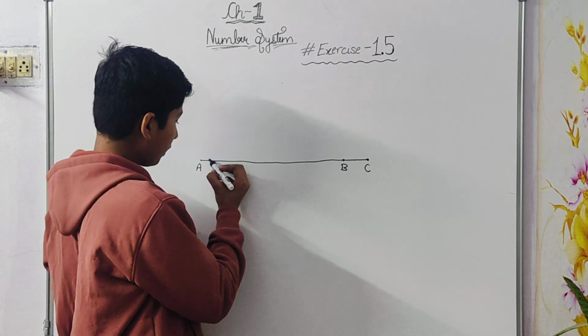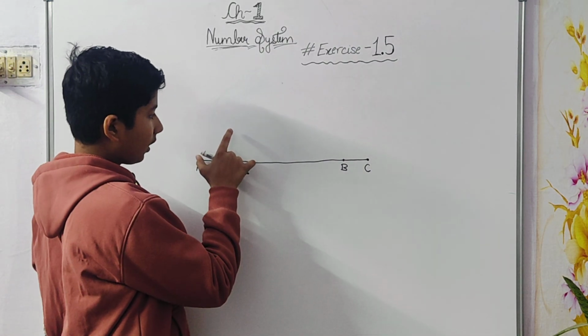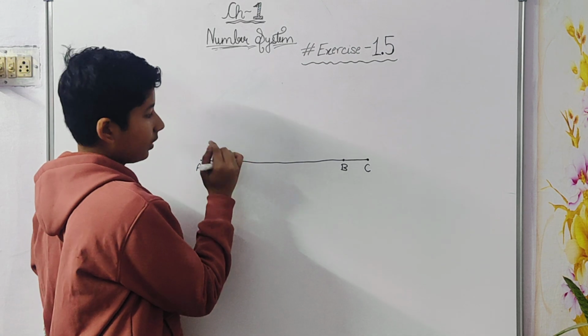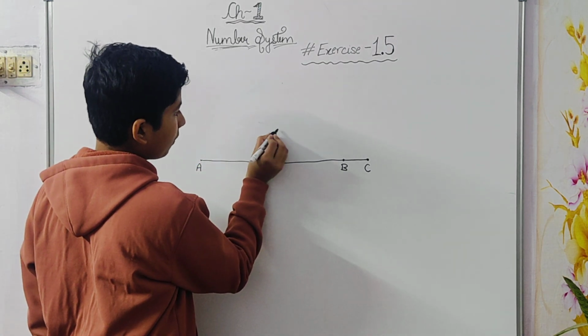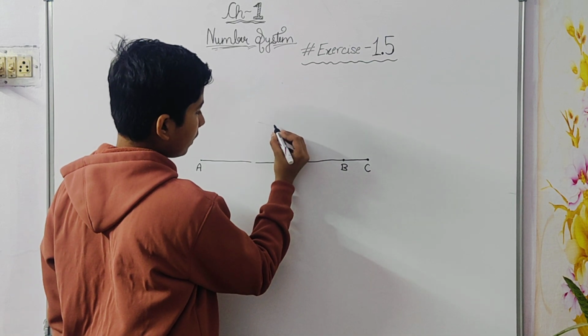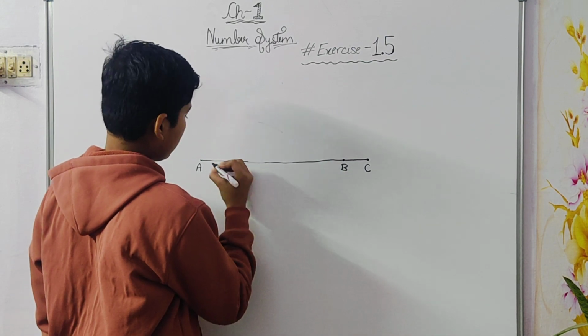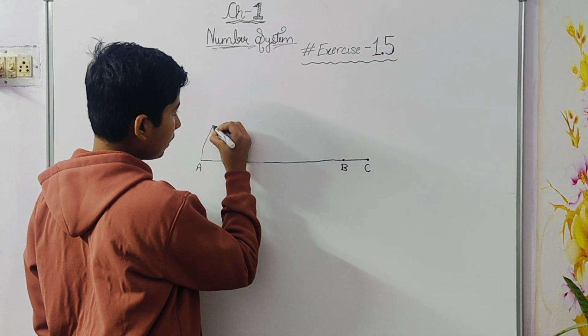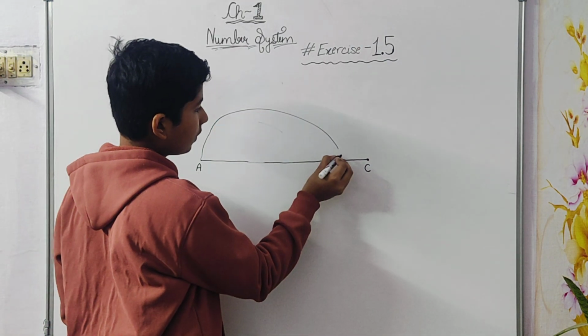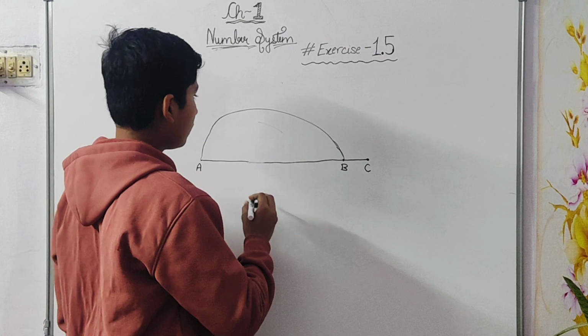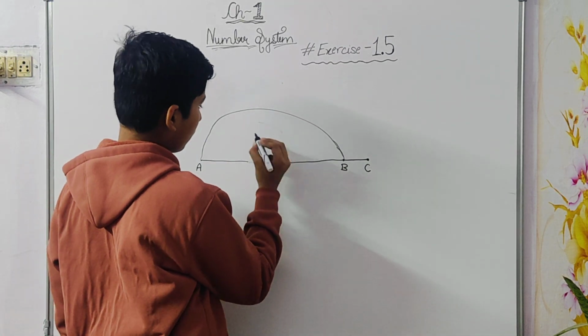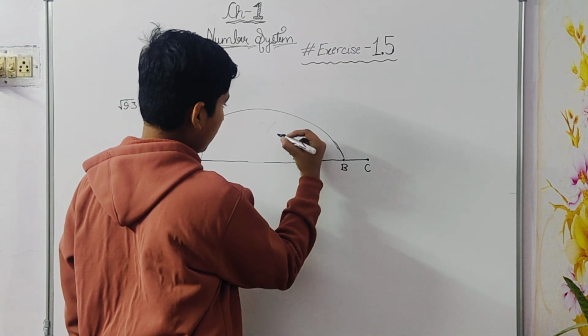Now I'll take any point from here, like I've taken it this big, and let's say the compass meets here. From it I'll make an arc. Firstly, let's take a cross from here and one from here.